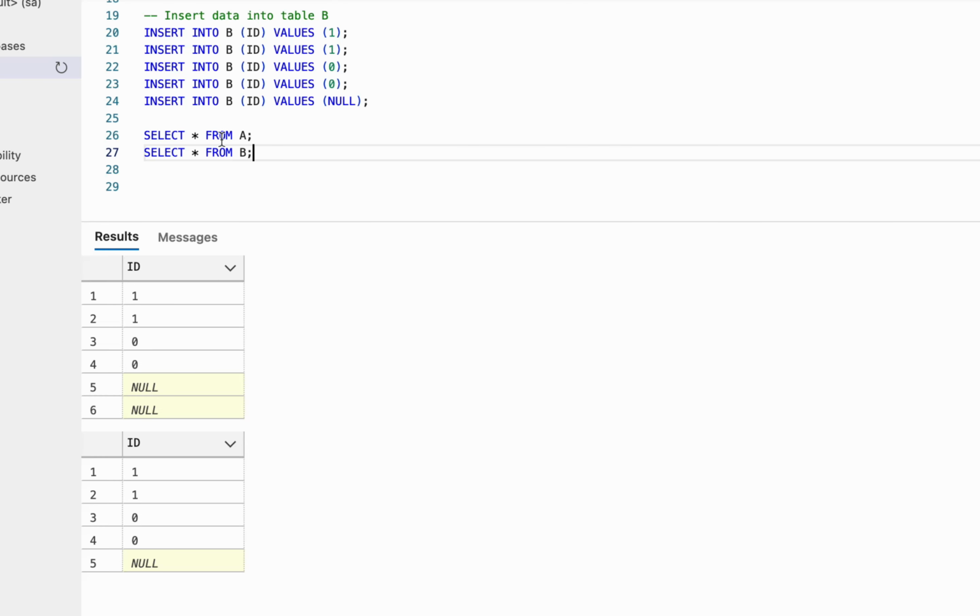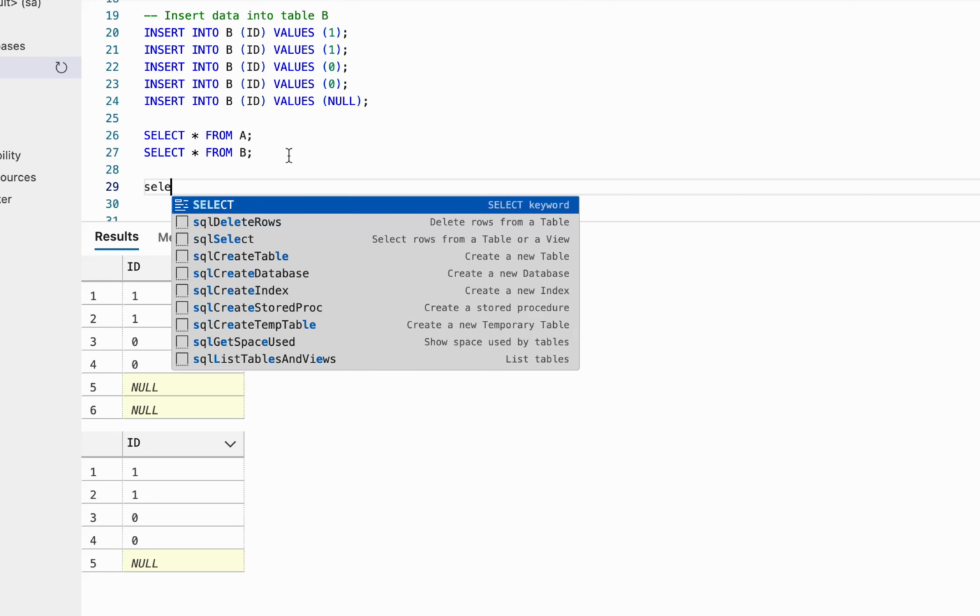So in SQL we have two tables, A and B, and in table A we have some rows and in table B we have some rows. Now let's do the inner join first.